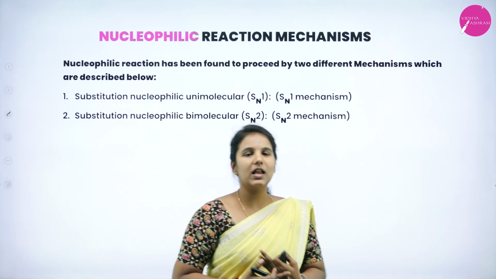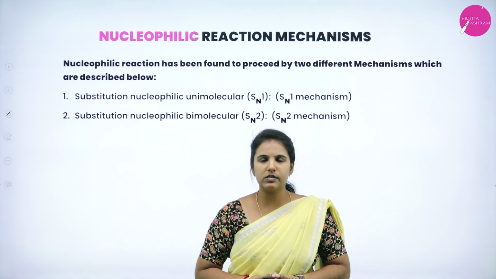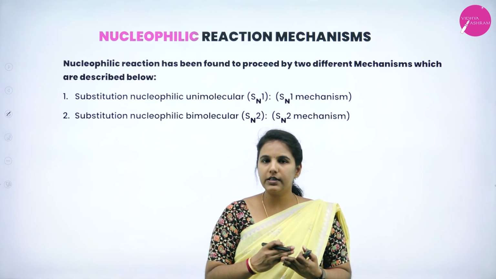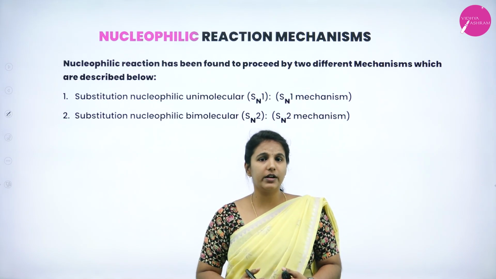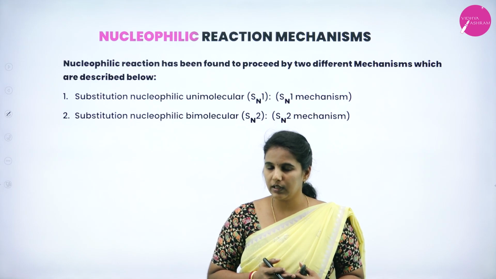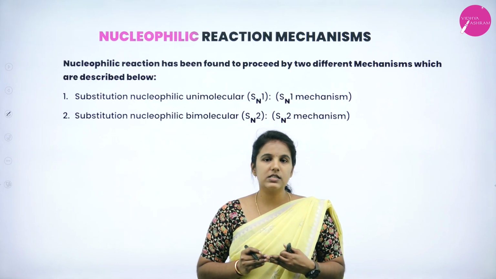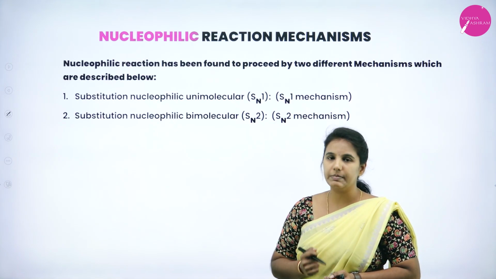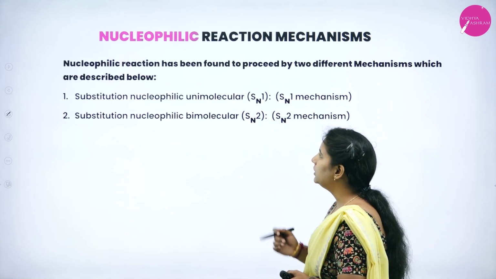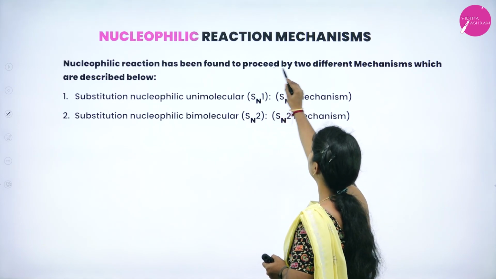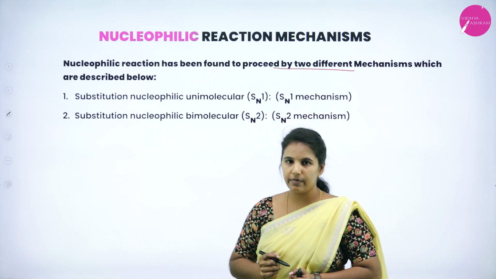In our last class only, we already discussed what is a nucleophile, and how it reacts with different reagents or reactants to give a different product. Based on this, we are going to understand the nucleophilic reaction mechanism. Nucleophilic reactions have been found to proceed by 2 different reaction mechanisms.